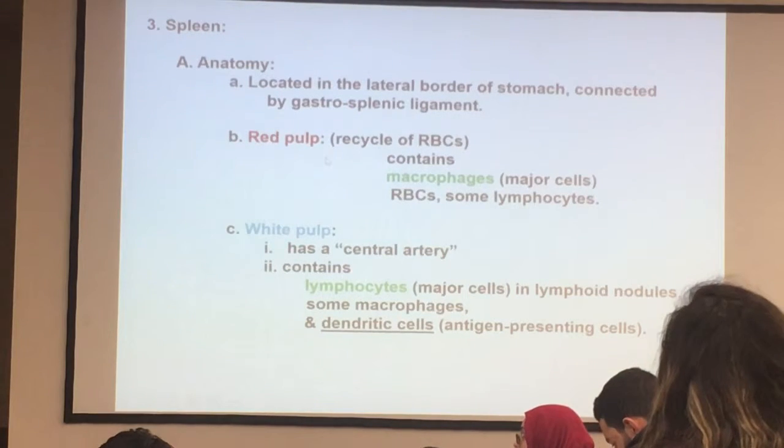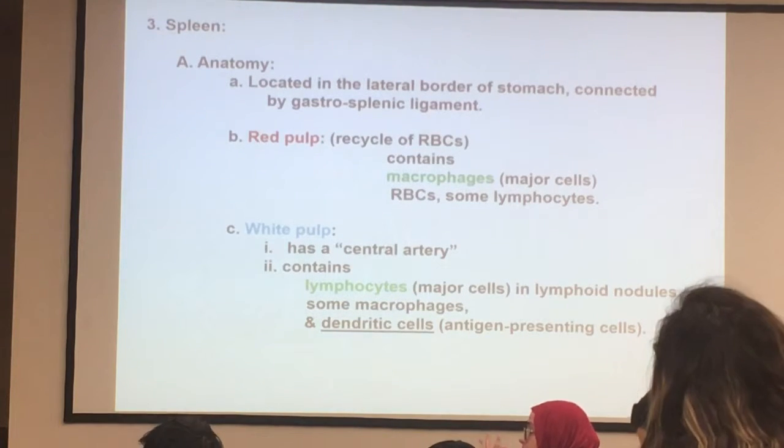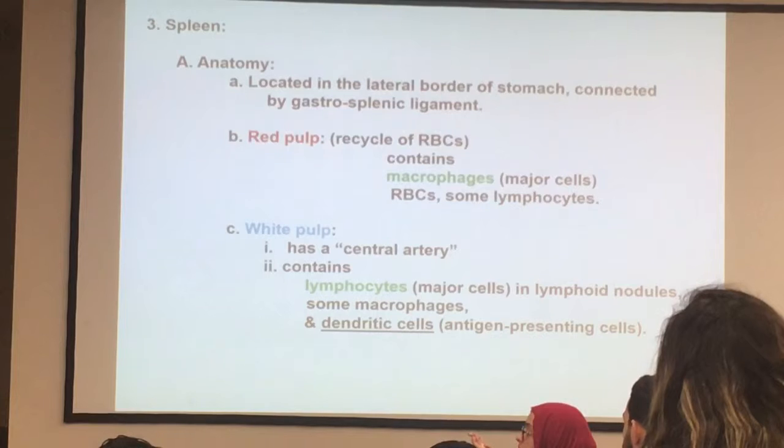What's the red pulp? That's related to our chapter 19. Red blood cell circulation, recycle, or turnover: the cells are swallowed by macrophages coming from monocytes and then broken down into the alpha chain, beta chain, the heme group, and iron ion. And that's chapter 19, that's in my first exam.